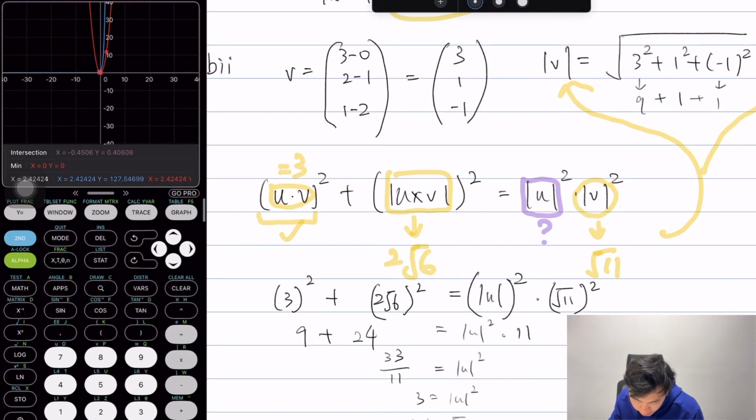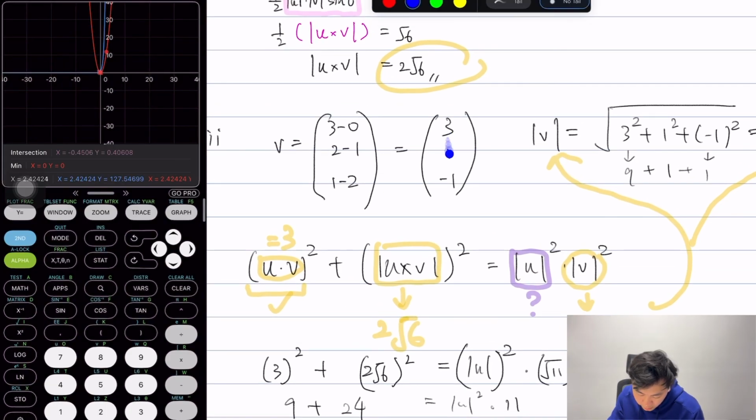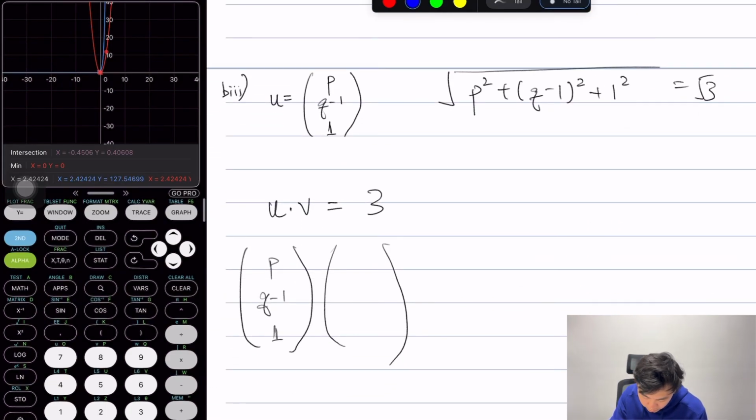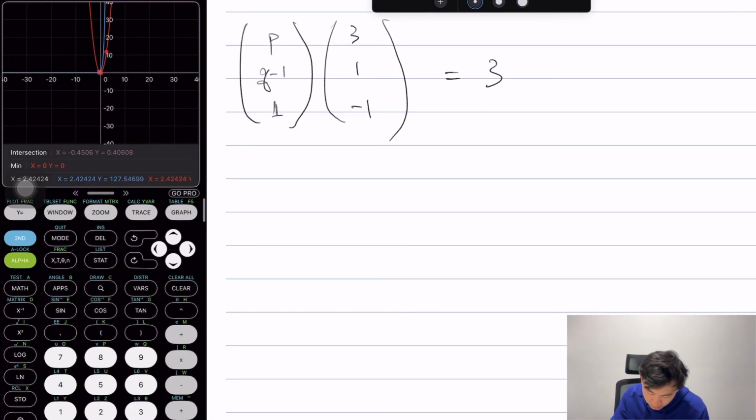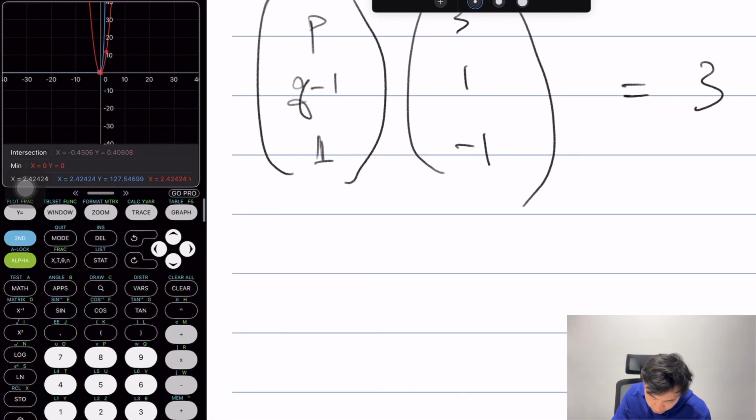The v is 3, 1, negative 1, and that's equal to 3, okay? So how can we write it out? It's like this. So which is like 3p plus q minus 1 equals 3.